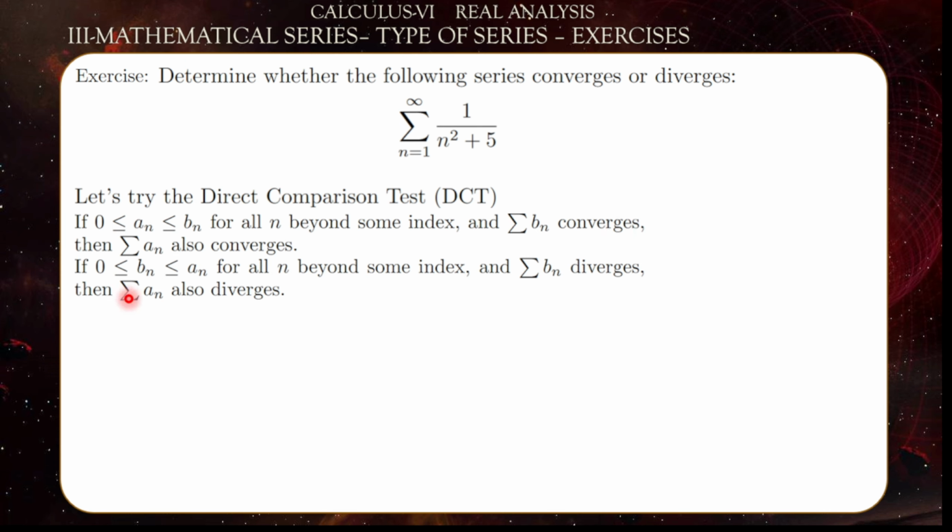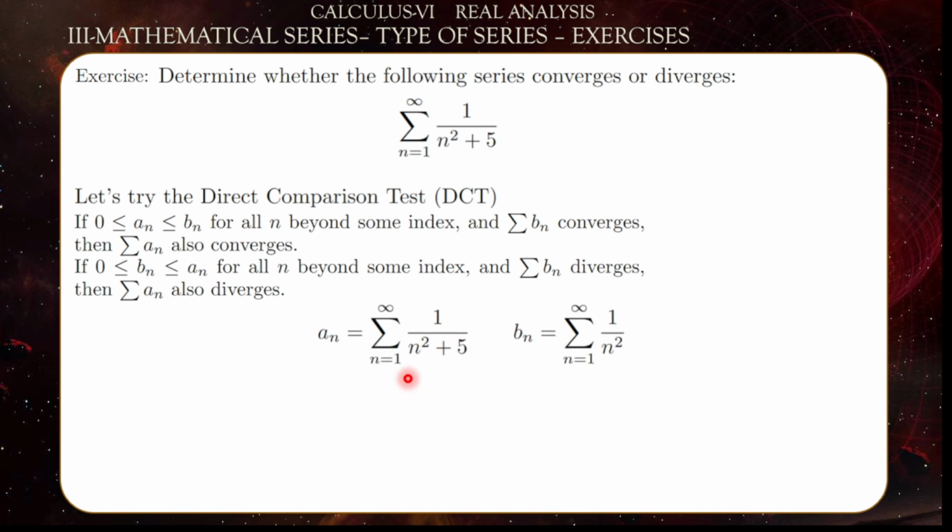Now, if 0 is less than or equal to b_n, less than or equal to a_n, for all n beyond some index, and b_n diverges, then what is bigger than a divergent series is definitely a divergent series. It's so intuitive. So if b_n diverges, of course a_n would diverge because a_n is greater than or equal to b_n.